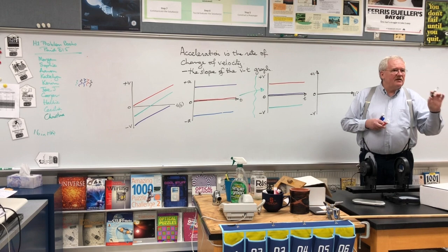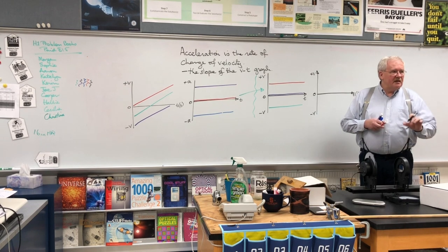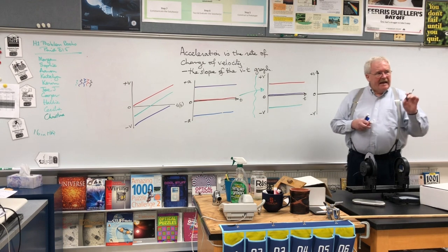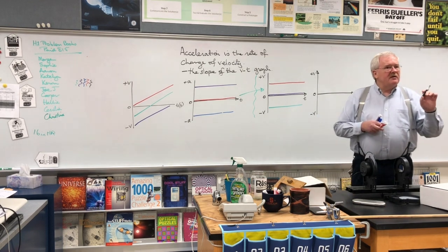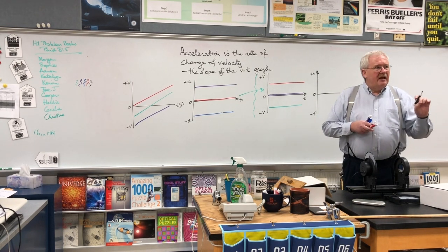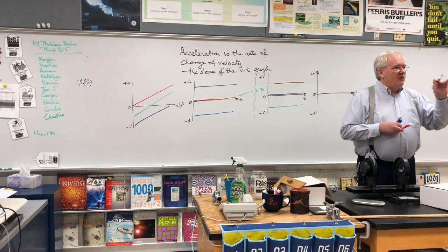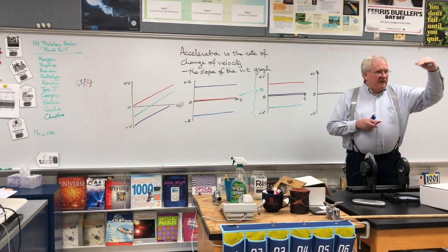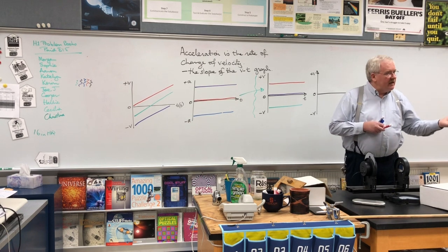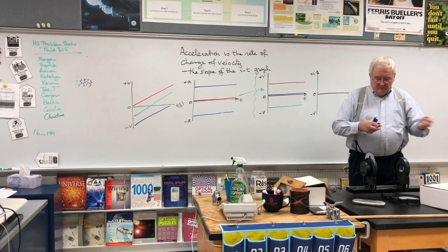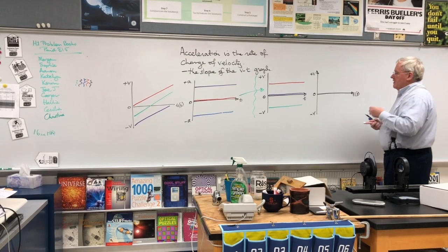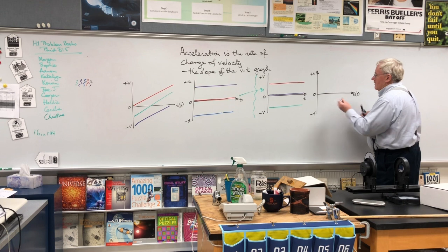Acceleration is the slope of the velocity time graph. Therefore, if we have a negative constant acceleration, it means that we have a slope which is negative, but that slope remains the same.